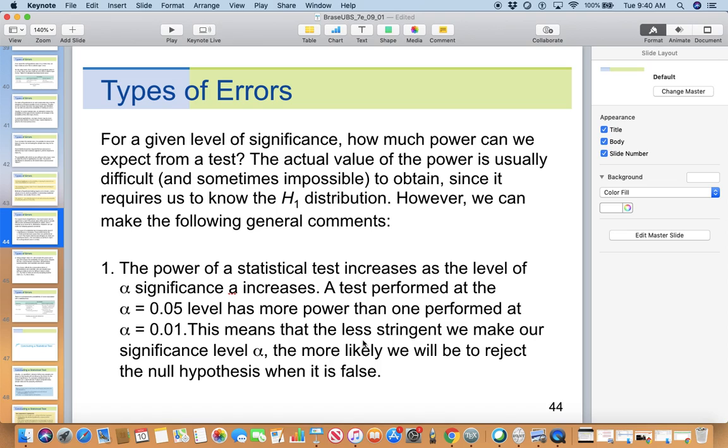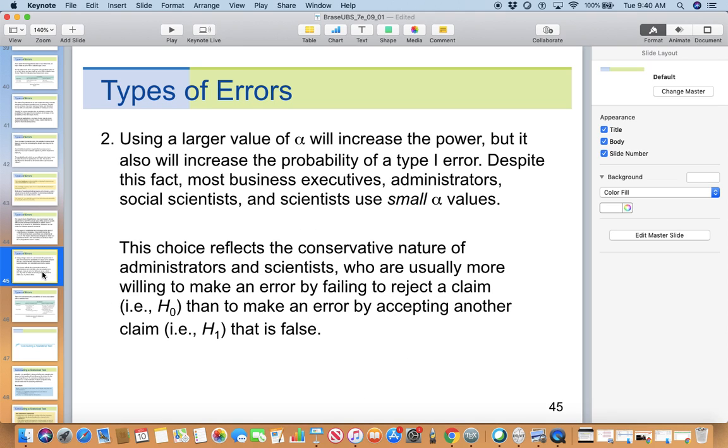This means that the less stringent we make our significance level alpha, the more likely we will be to reject the null hypothesis when it is false. Using a larger value of alpha will increase the power, but it will also increase the probability of type 1 error. Despite this fact, most business executives, administrators, and social scientists use small alpha.